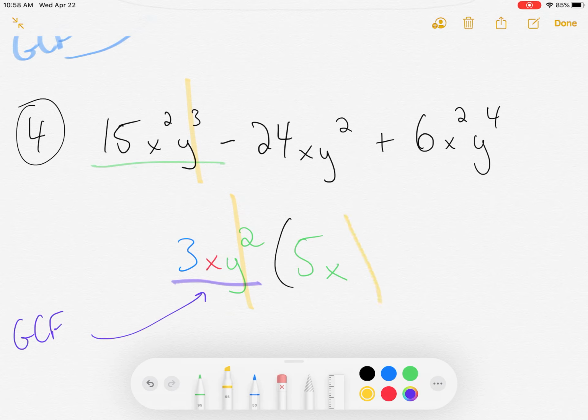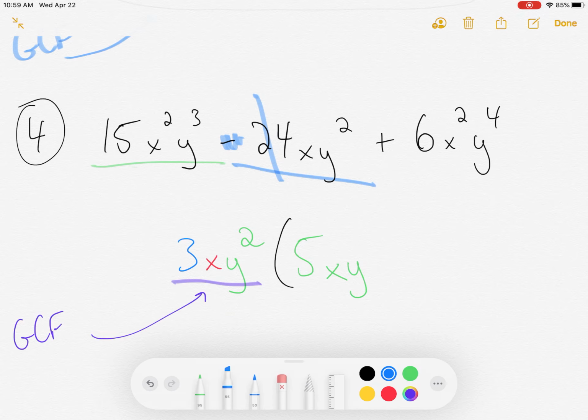Okay, next up, we're going to do y to the third, and we're going to divide it by y squared, and we're going to put it right here. Okay, y to the third, you have 3 y's, you take out 2. How many do you have left? There is just 1 y left.